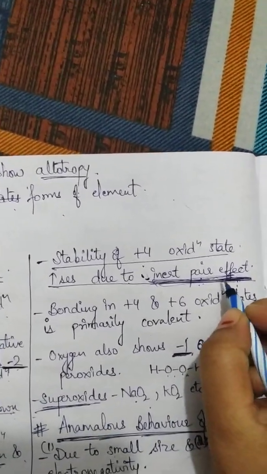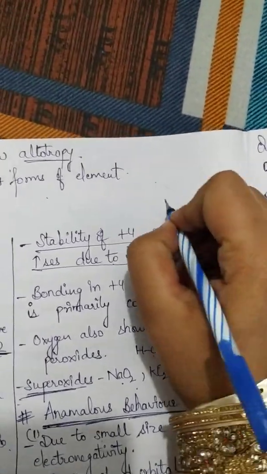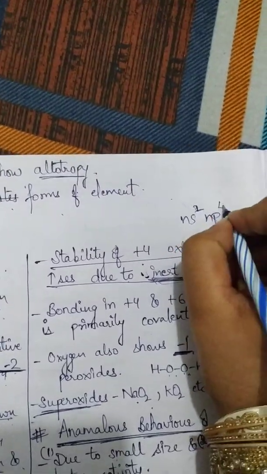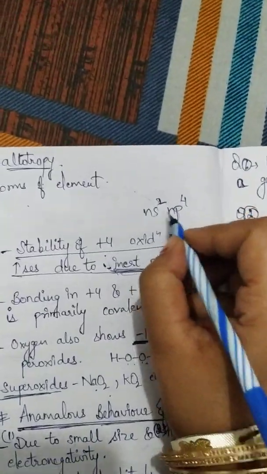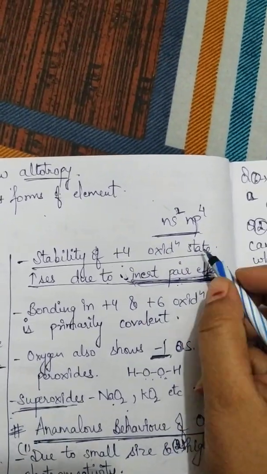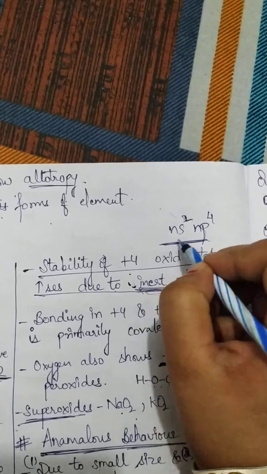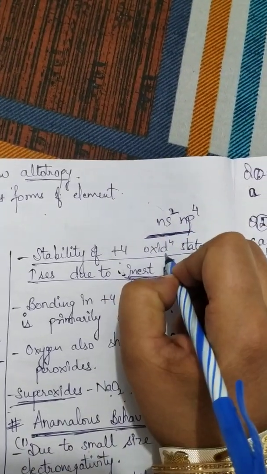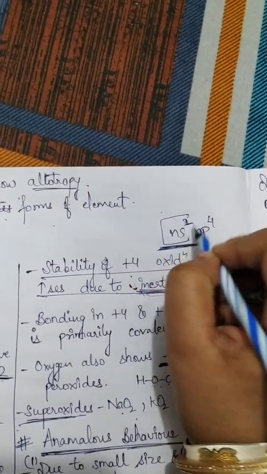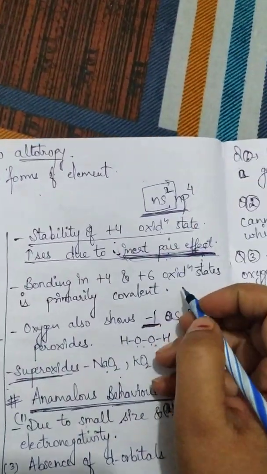As we know, what is the electronic configuration of group 16 elements? ns2 np4. So as d orbitals come in the electronic configuration, d orbitals show poor shielding effect. Due to that poor shielding effect, the s electrons are attracted more towards the nucleus.